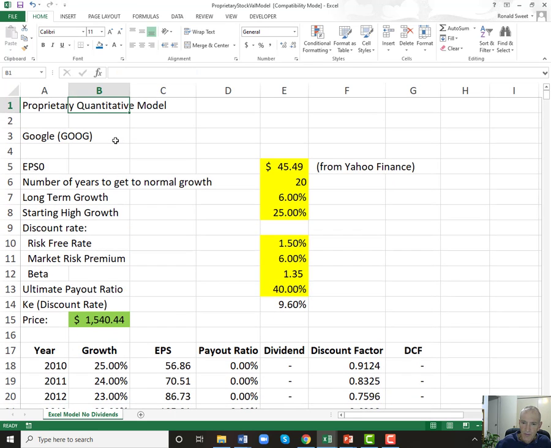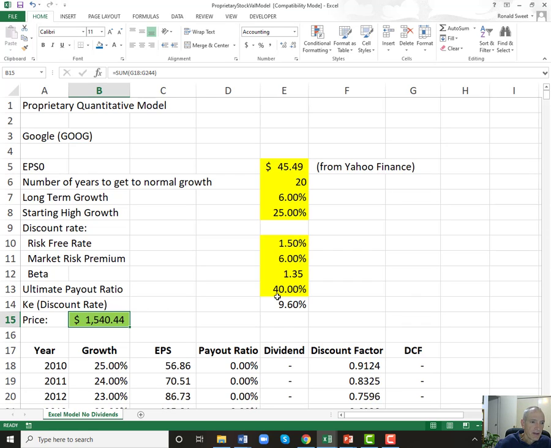So you look across the time: it's the year, the growth rate, earnings per share, and the payout ratio is 0 until they hit a 6% growth rate. Dividends are 0 until they start paying out. There's the discount factor using 9.6%. And the discounted cash flow, when I sum up that column, gives me a valuation of $15.40.